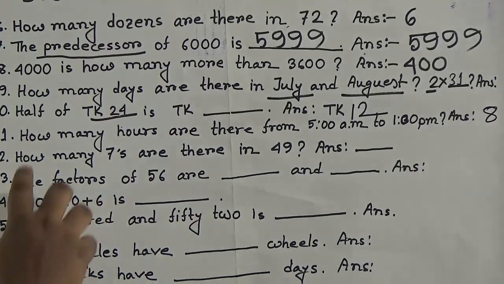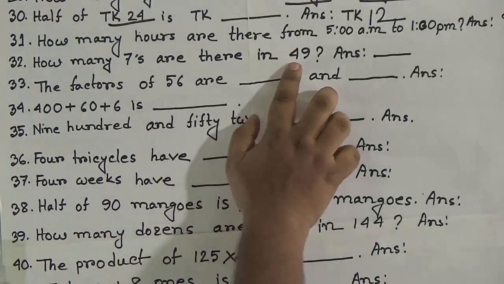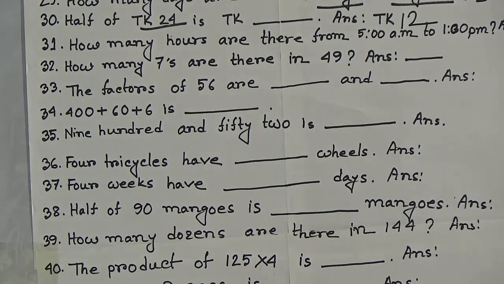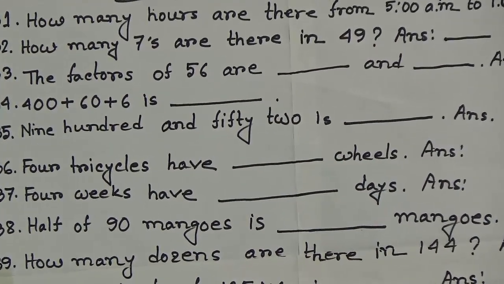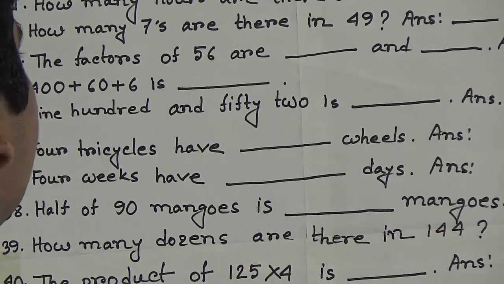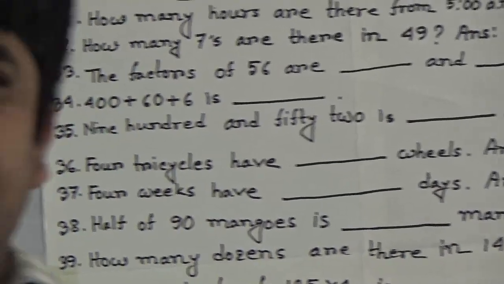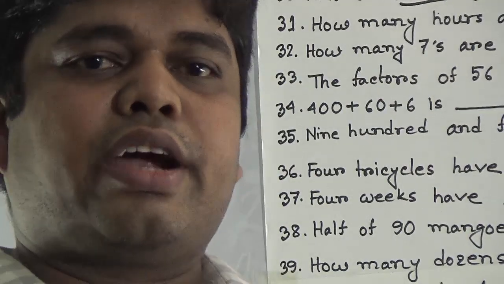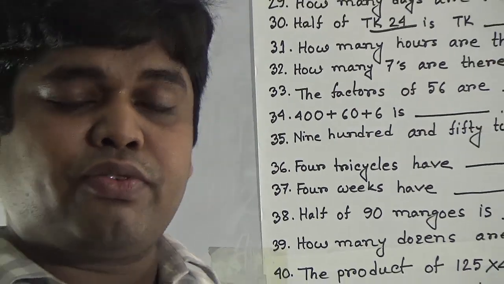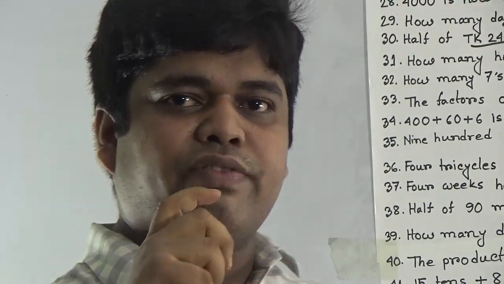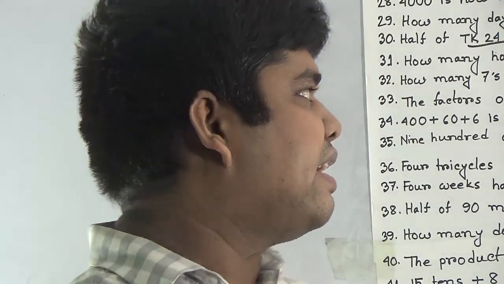Next, how many 7s are there in 49? Before starting this problem, students, we shall solve a little math. If I ask you to find how many 2s in 4, then what will be the answer? In 4, there are 2 twos. So how can we find out? We divide 4 by 2 and we get the answer.